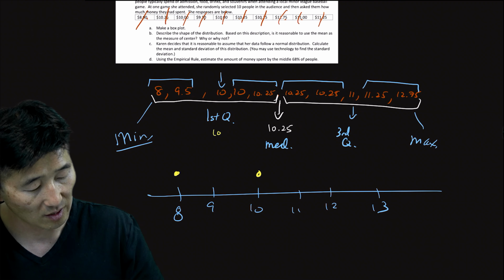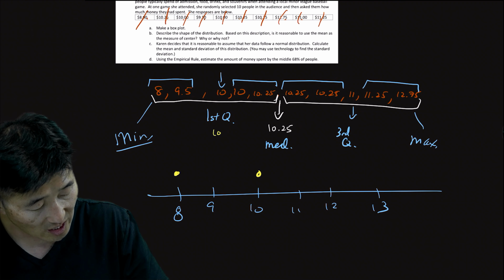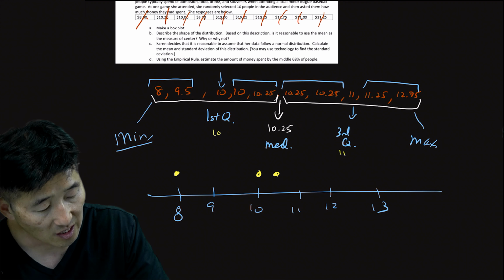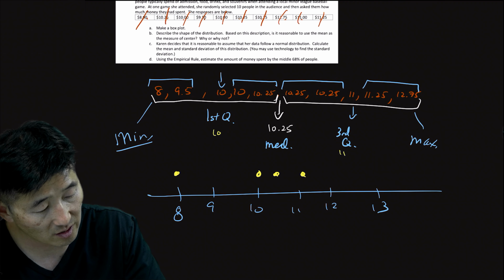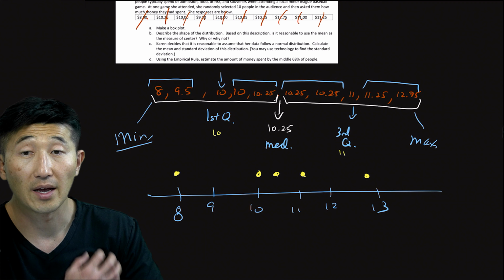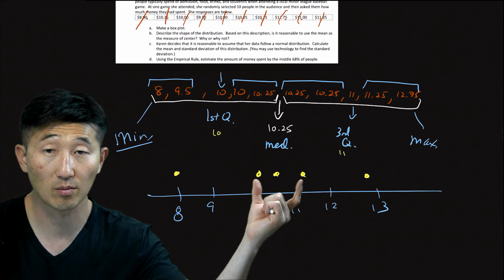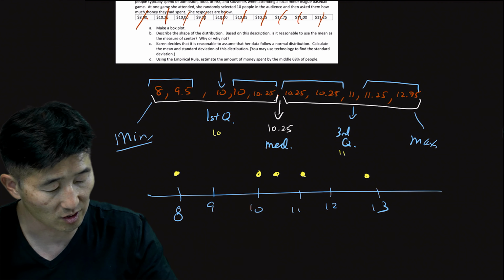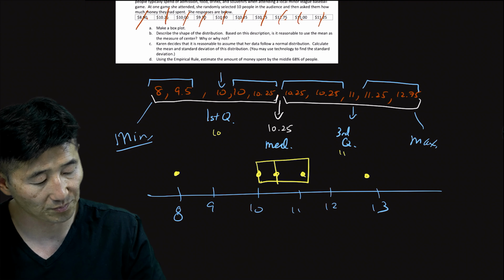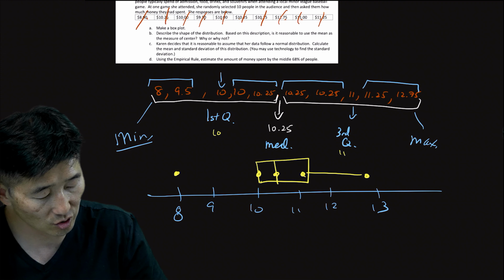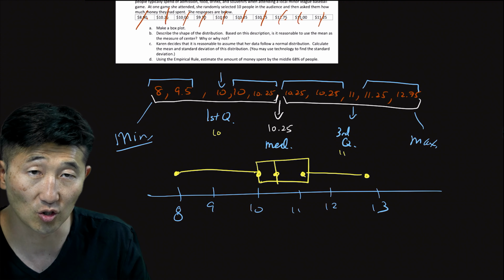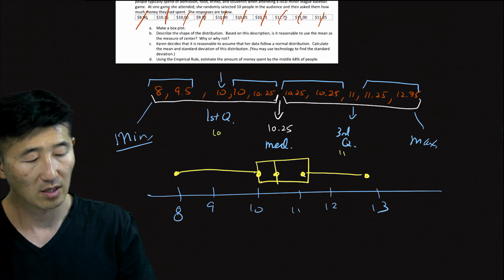The median is 10.25, which is somewhere there. Third quartile is 11, so put a dot there. And the max is 12.75, so right over there. And put the box enclosing the middle 3 dots, like this. And then draw your whiskers to the max and the min. And there you go. This is your box and whisker plot.